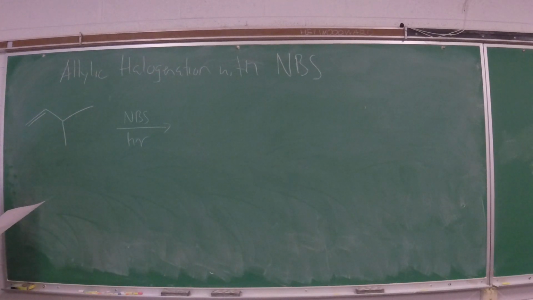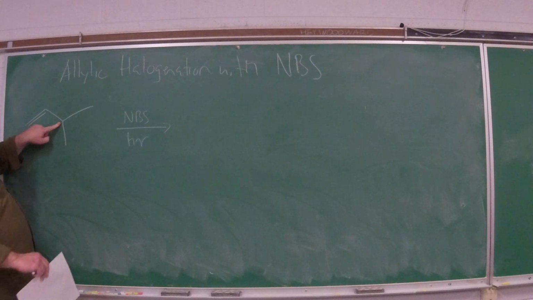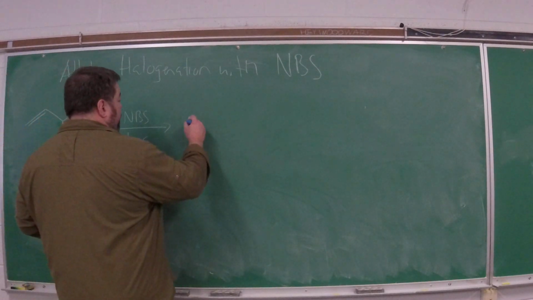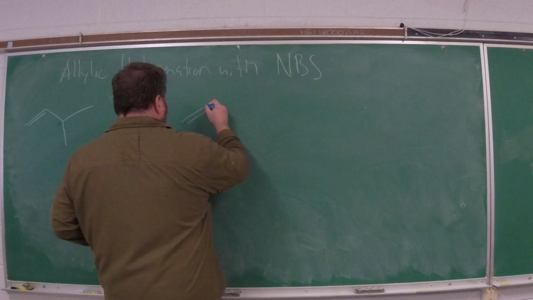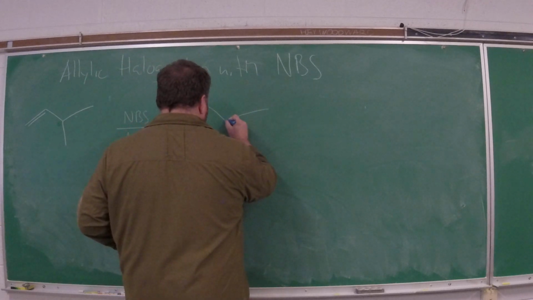All right. So what products are we going to get with this bad boy? Well, there's a tertiary hydrogen there, right? If I abstract that proton, what am I going to get? I'm going to get a tertiary free radical. So that would be the most stable, right? That would be the major product.